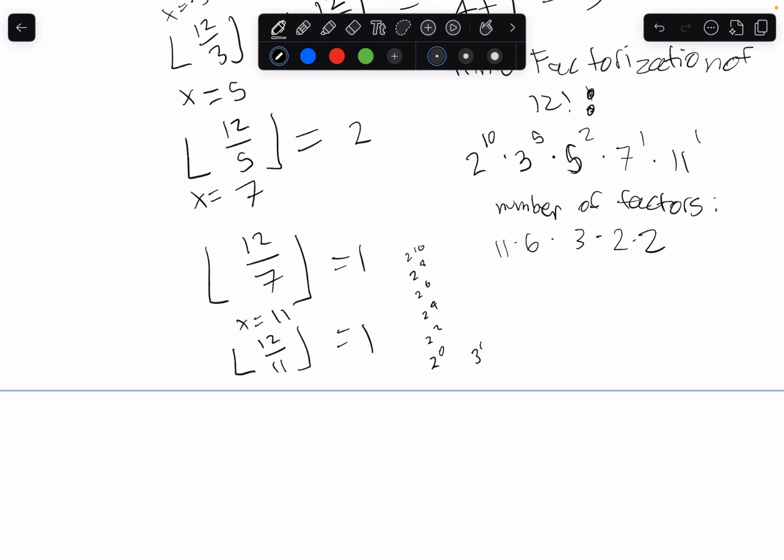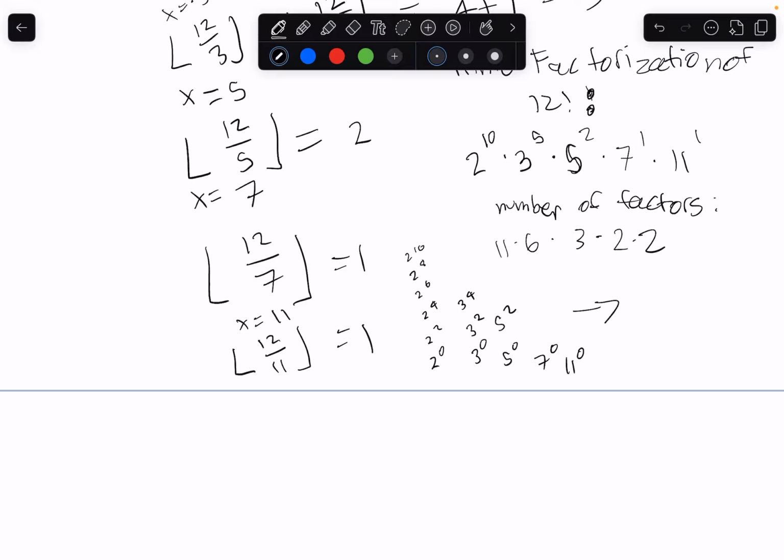For 3, it could be 3 to the power of 0, 2, or 4. For 5, it could be 5 to the power of 0 or 2. And for 7 and 11, since they only have 1, they can only be to the power of 0.